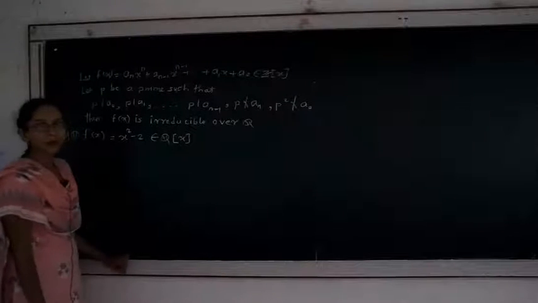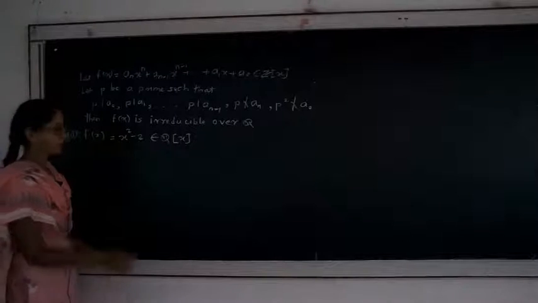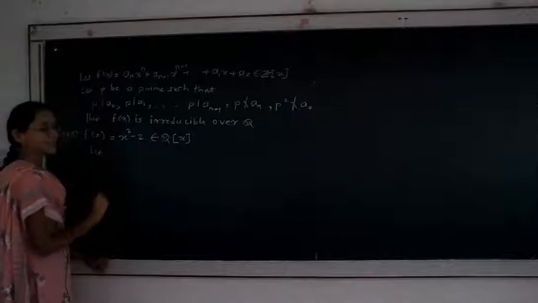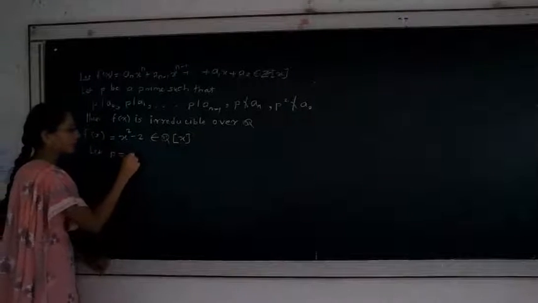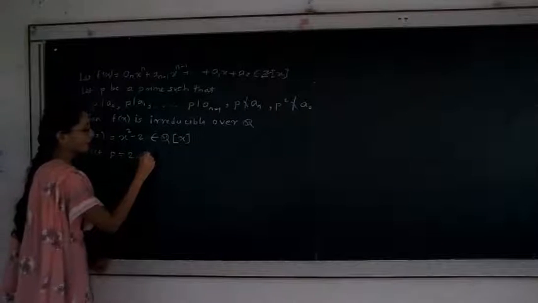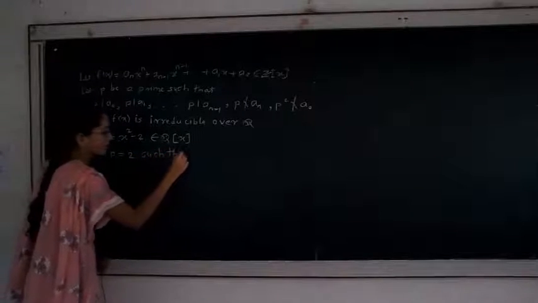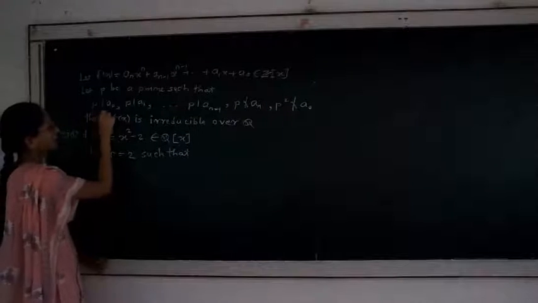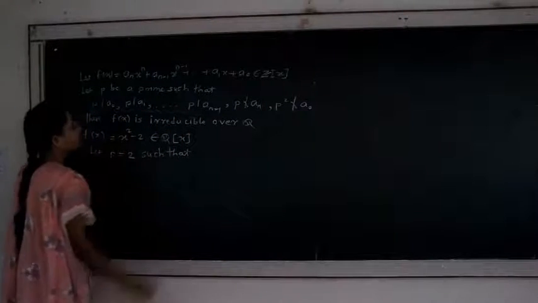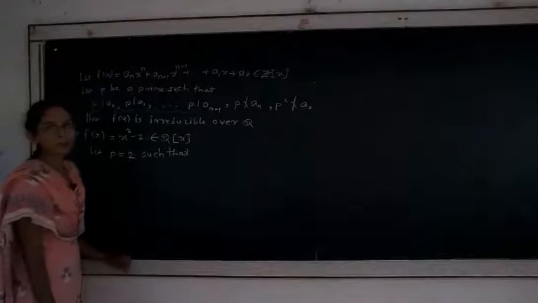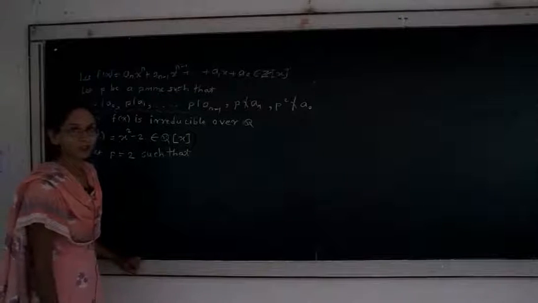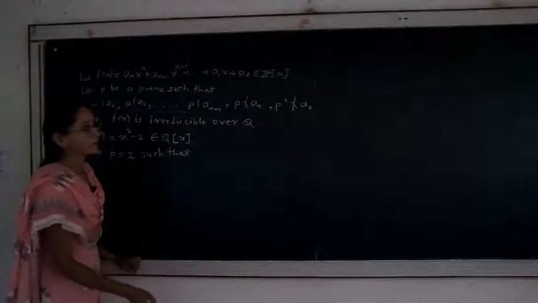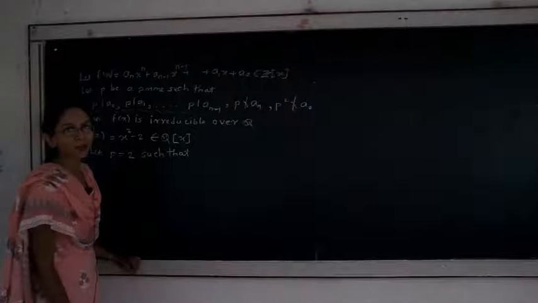Now let there exist a prime p equal to 2 such that we can use this criteria. p divides all the coefficients starting from the constant coefficient to the (n-1)th coefficient of the polynomial f(x).